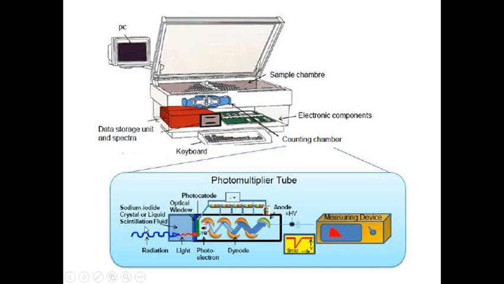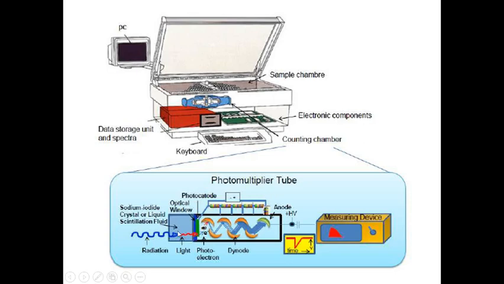Okay, so whenever the ionizing radiations fall on that compound, it gets excited, and then the electron wants to come back to its original state, and at that time light energy is emitted, that is fluorescence.